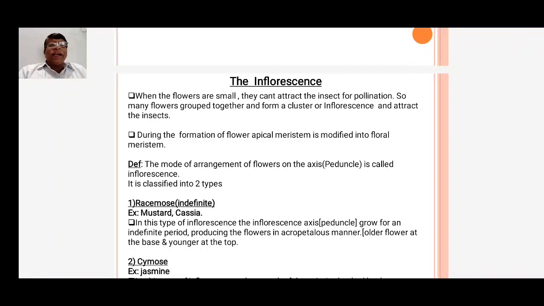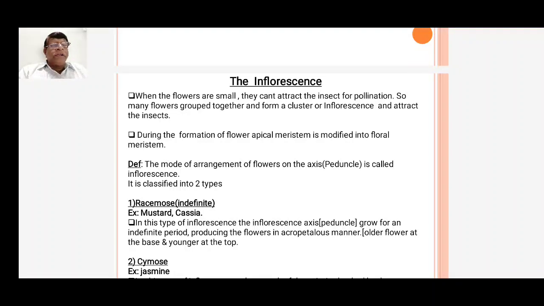Look here, two important characters are there in racemose inflorescence. Racemose, as I already told you, is also called indefinite type of inflorescence because the growth of the axis or the peduncle is indefinite.